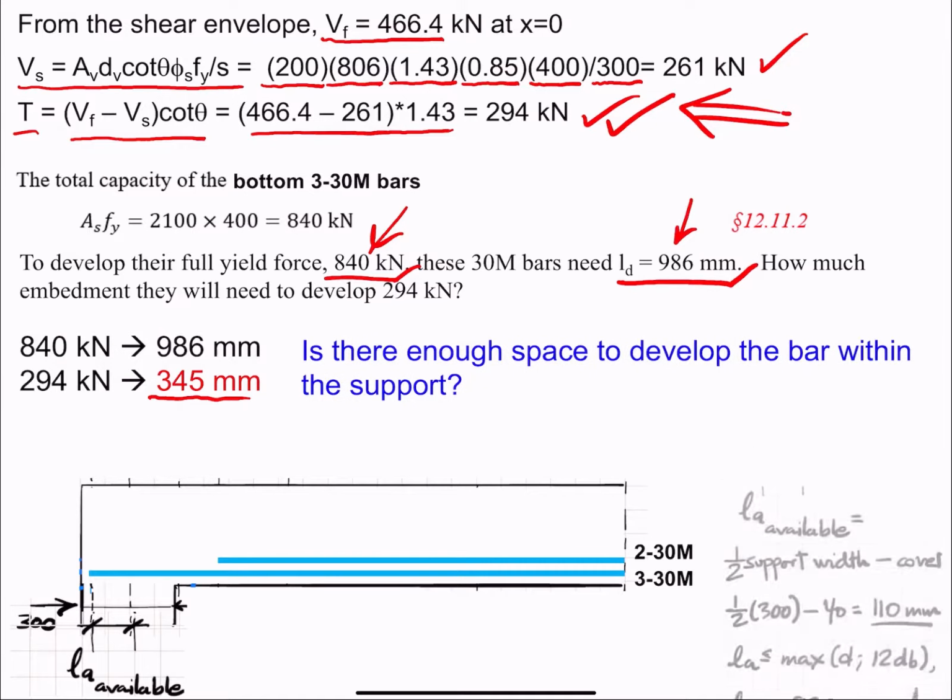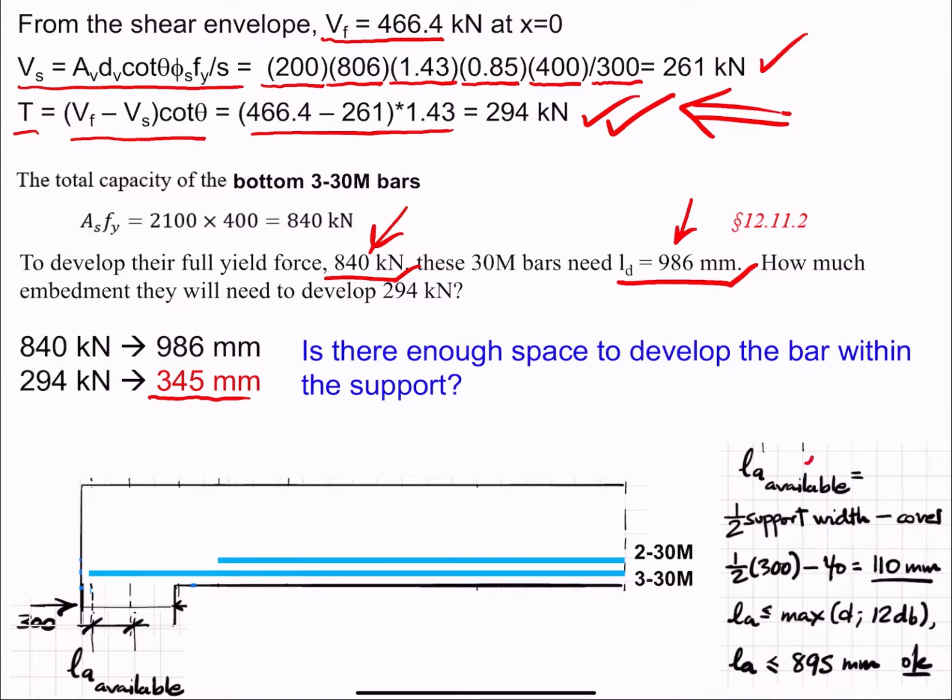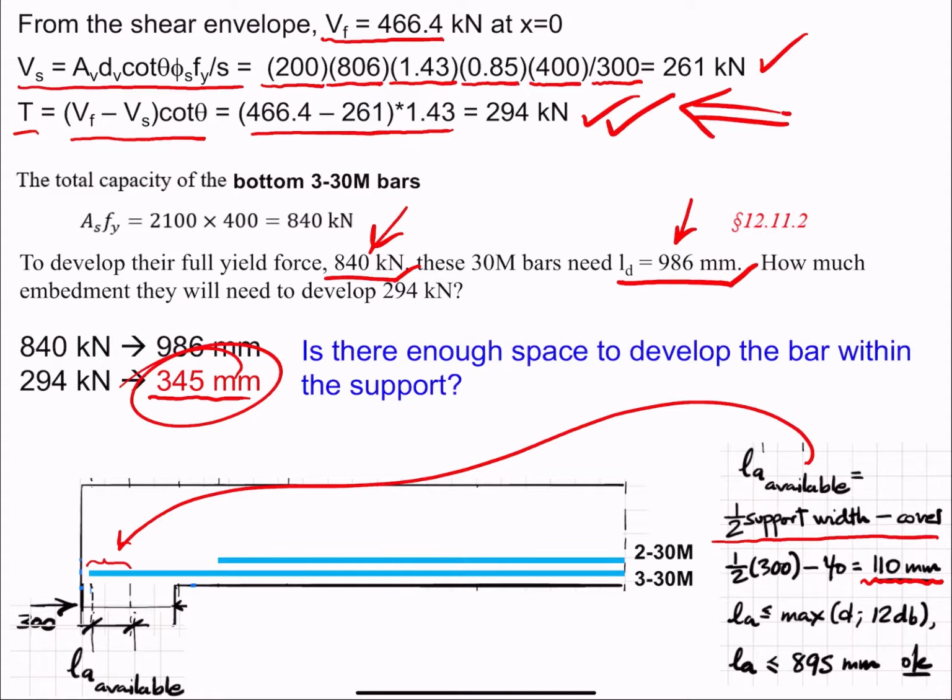If you remember, we already did that. This is this distance over here. So it is half of the support width minus the cover, and that is equal to 110 millimeters. So not enough. We needed 345 mm, and we only have 110 millimeters.